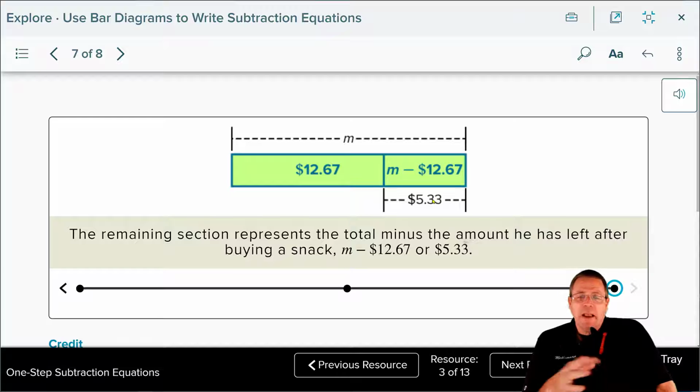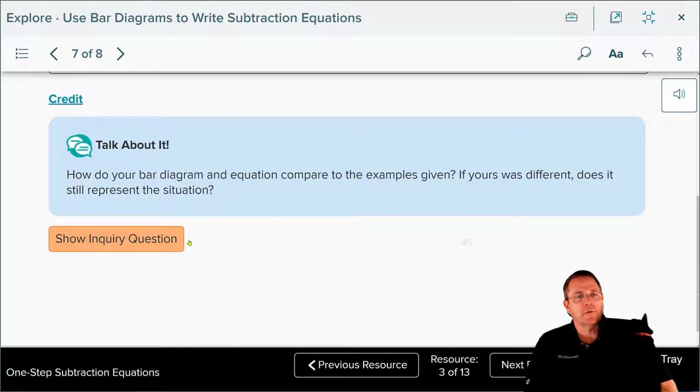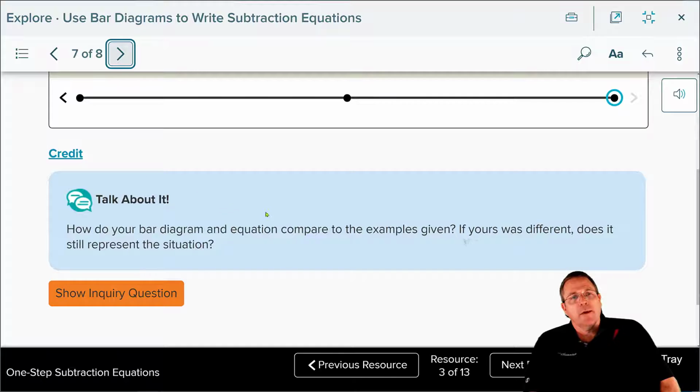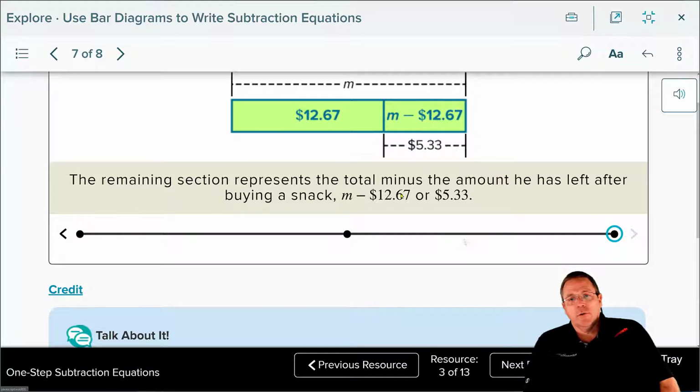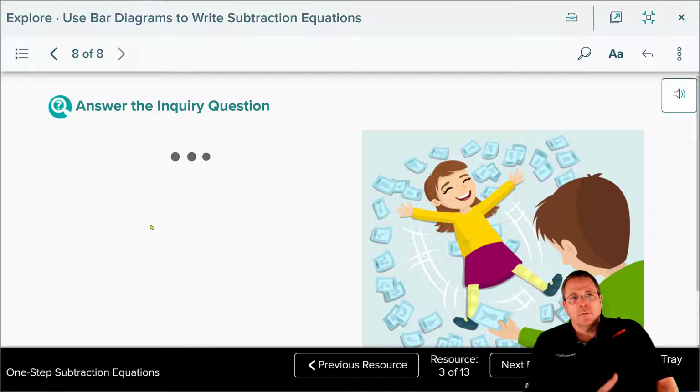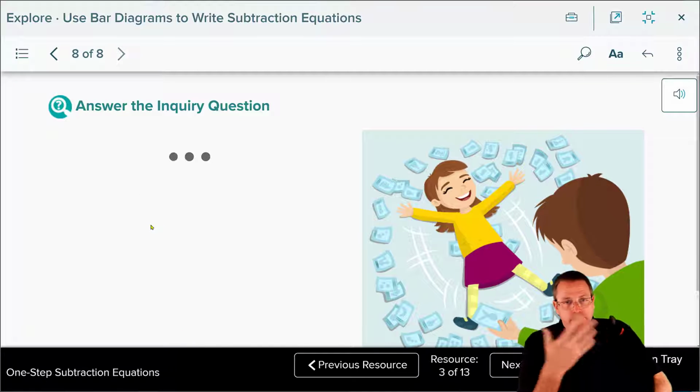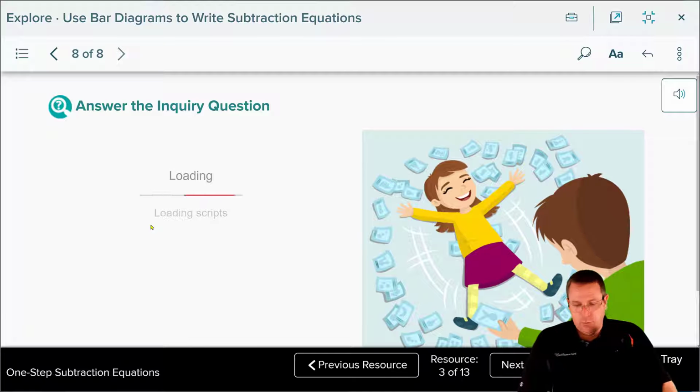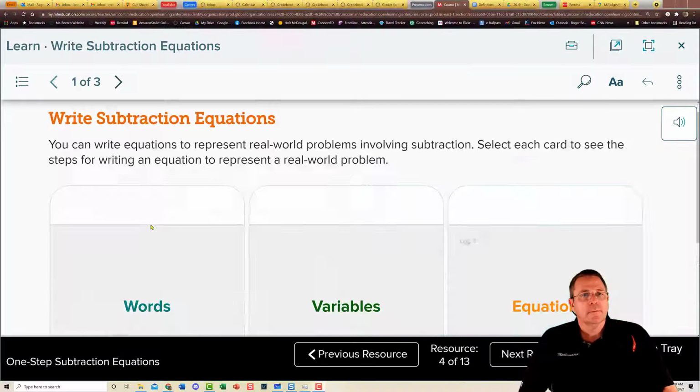Now, if it was me, I would have done it the other way, but that works just fine. Still going to give us the same answer. And for that, you've done everything it's required you to do. You wrote the equation, and therefore you've solved the problem as far as they're concerned.